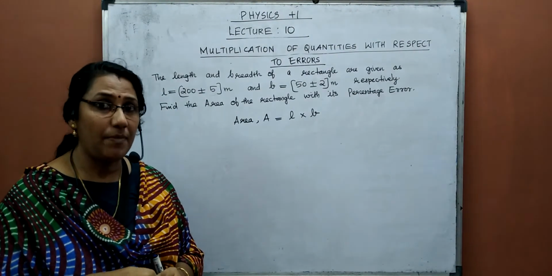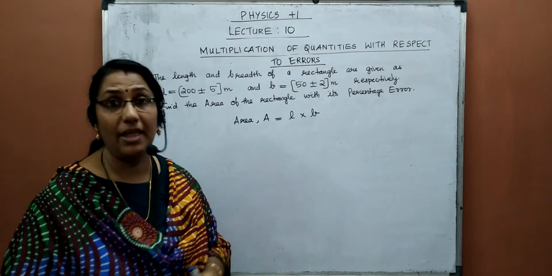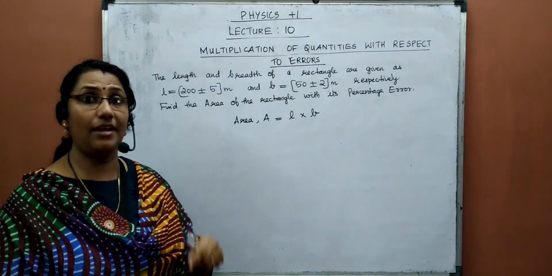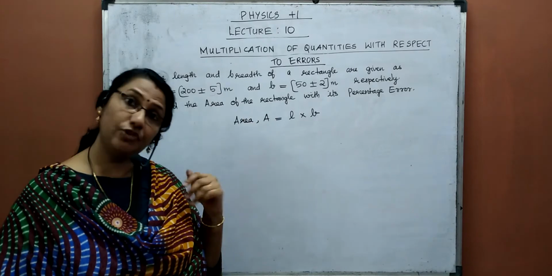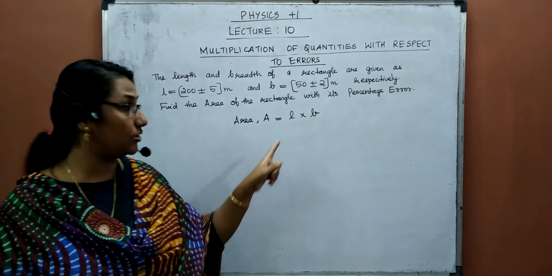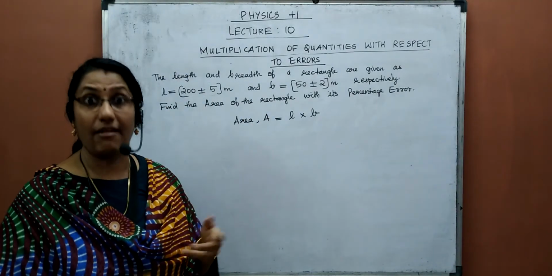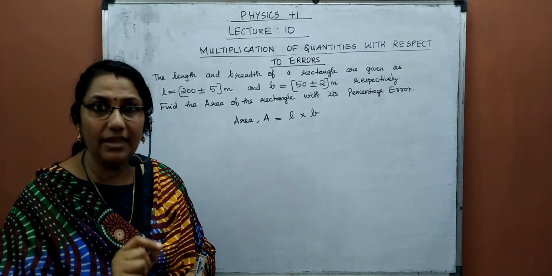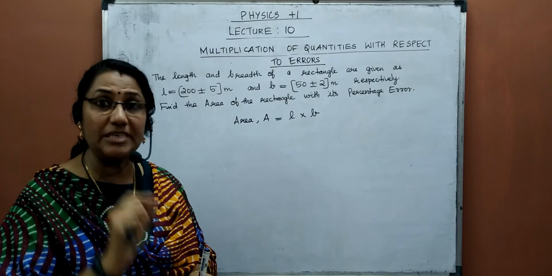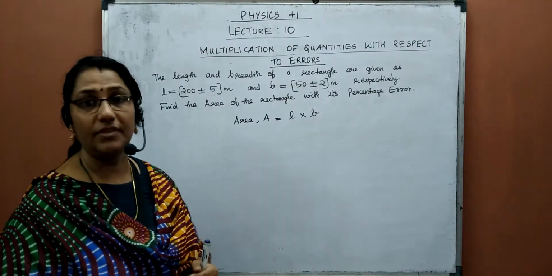So when we multiply, the area will also contain some error. Whether we directly add the errors, here the error is 5, here the error is 2, to obtain the error in the area, no. The first step is to take the relative error or percentage error of A.